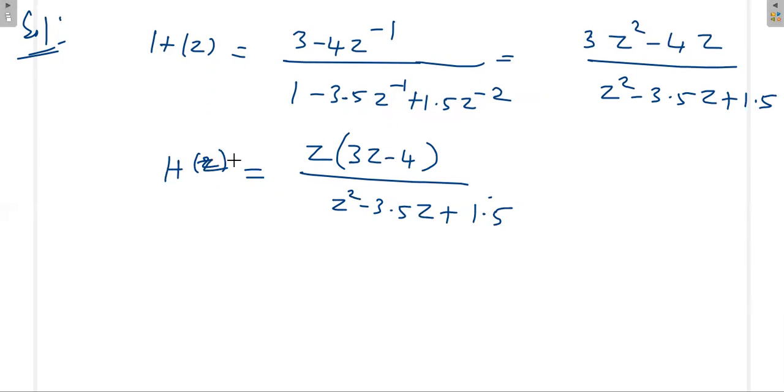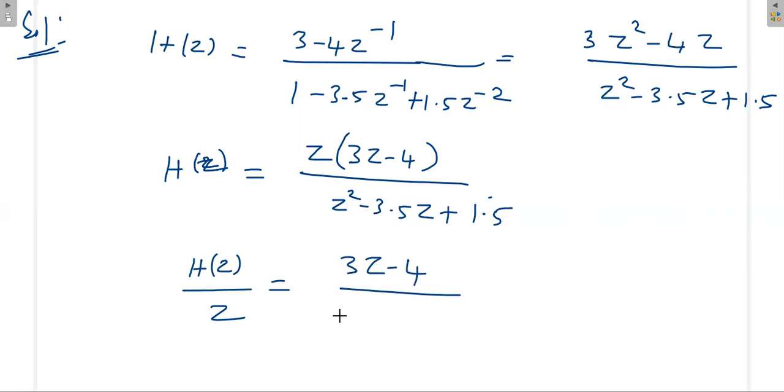Again, we know that when we are operating with the positive power, we have to take the z downside. H of z divided by z is (3z minus 4) divided by (z square minus 3.5z plus 1.5). Before taking the partial fraction, we have to find the factors.